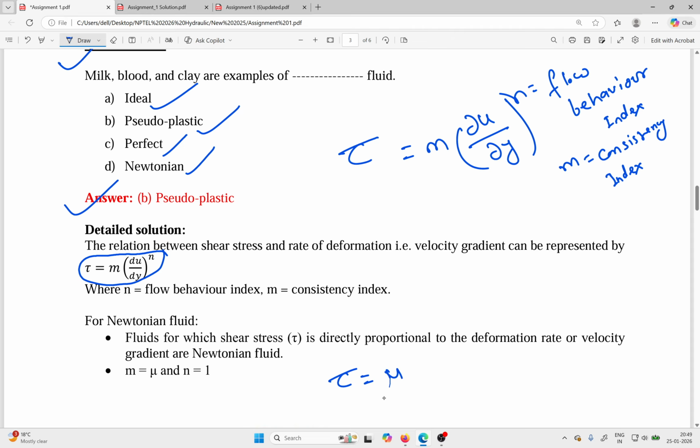M is equal to mu and N is equal to, here if I write mu del u by del y power n, this is 1, so you will get here del u by del y. So this is the relation of your Newtonian fluid. How Newtonian fluid is related with your shear stress, shear strain, and dynamic viscosity.